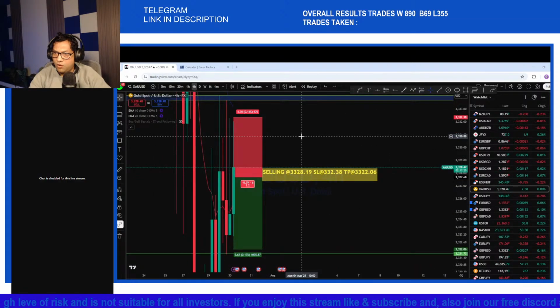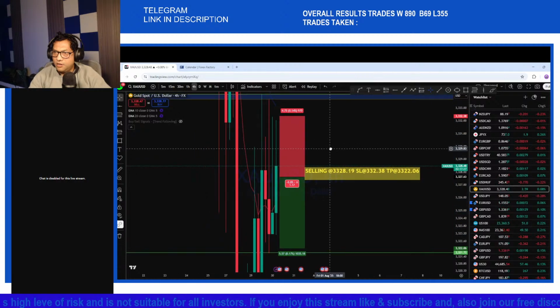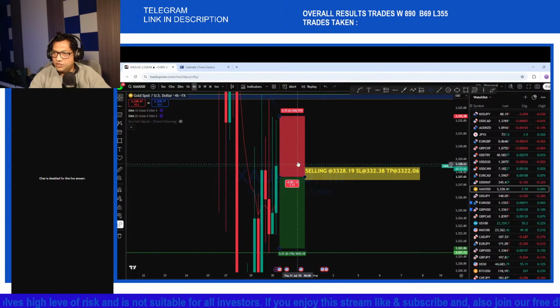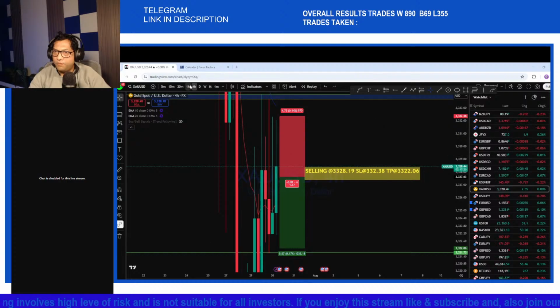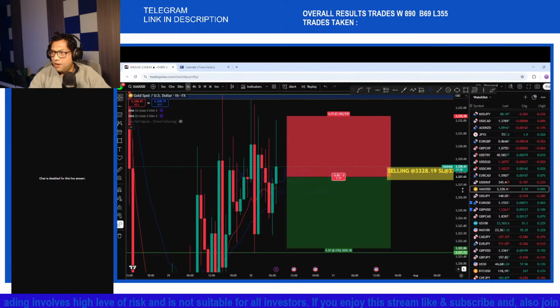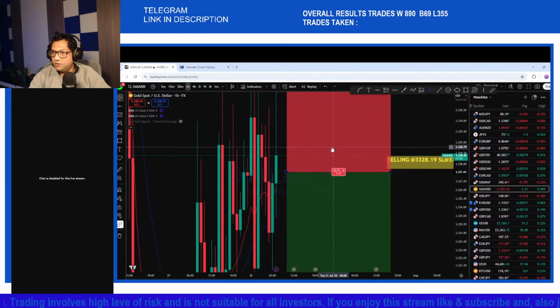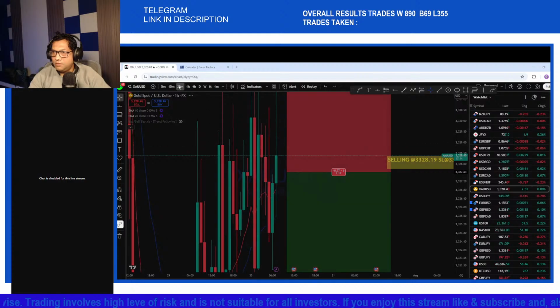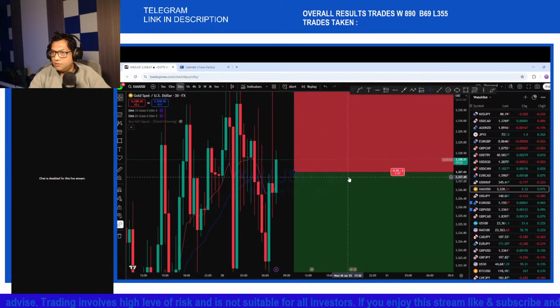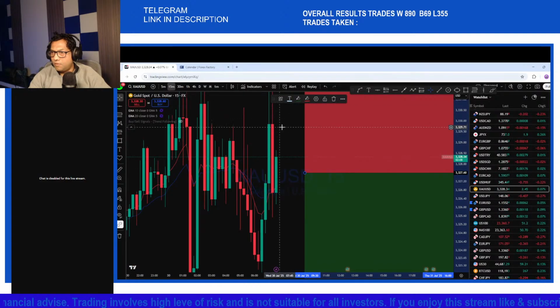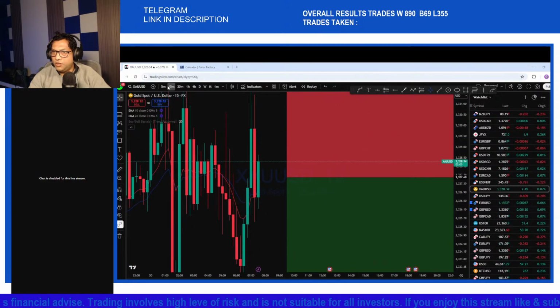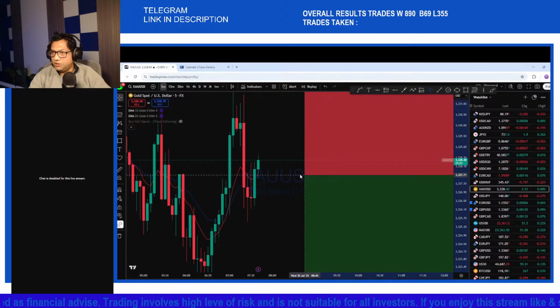from the 4 hour again, looking at this market, we see that there is a rejection from the top, and now we are almost 2 minutes left for this candle to close here.